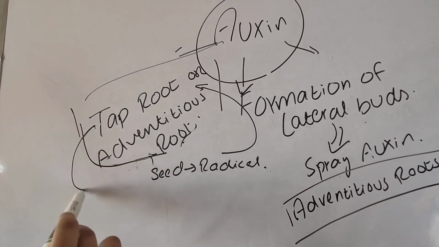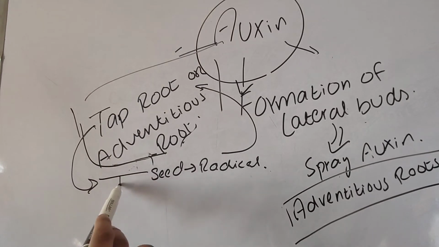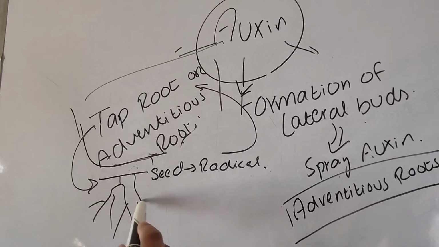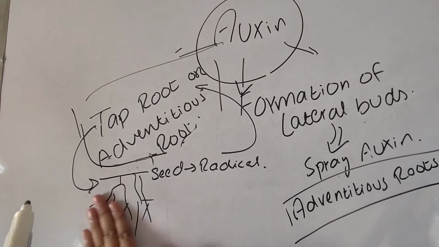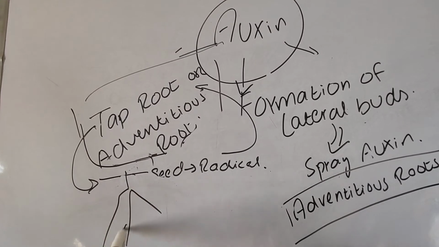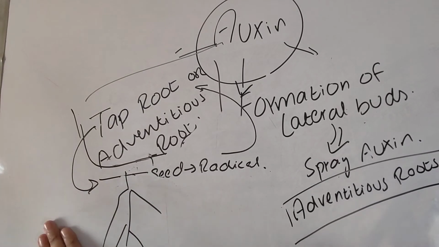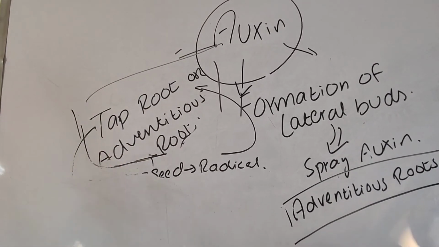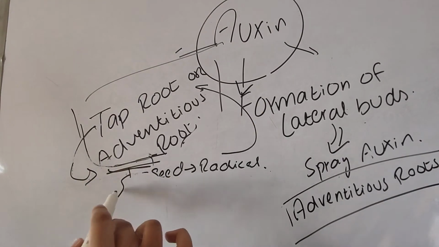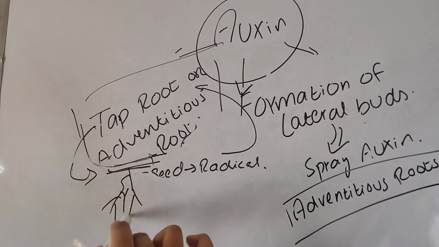The second difference is that taproot does not have very many branches, just a single branch, or maybe like this. That's it. But moving on to adventitious roots, this is the ground level. These are adventitious roots.